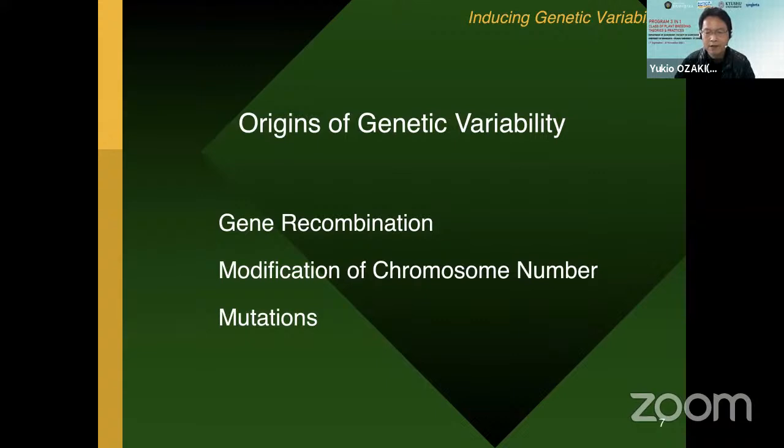The significant fact to note is that rather than wait for them to occur naturally, plant breeders use a variety of techniques and methods to manipulate and make these three phenomena more and more targeted as they generate genetic variation for their breeding programs.